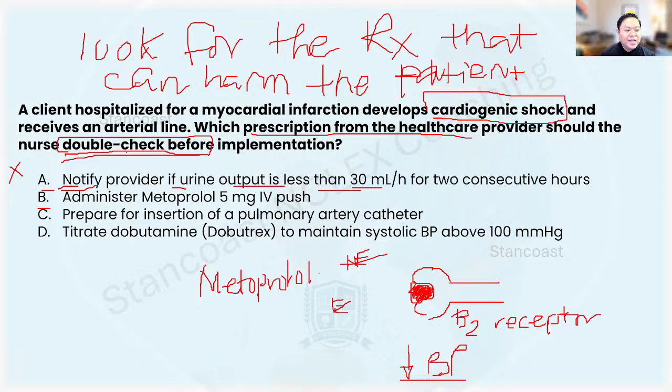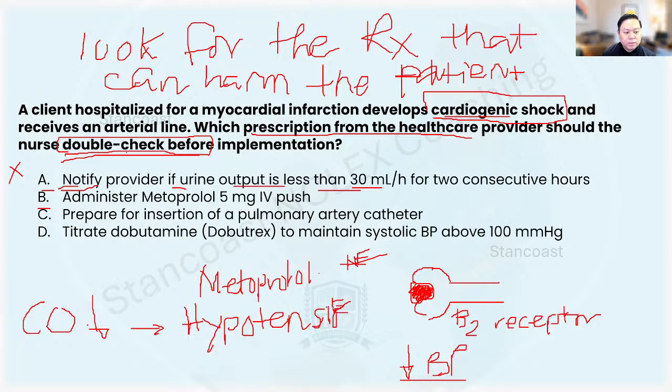Now, in here, our patient has MI, right, with cardiogenic shock. When we are talking about cardiogenic shock, always recall about the cardiac output. Always do that. When there is a reduction of the total cardiac output, there is also going to be hypotension, low blood pressure.